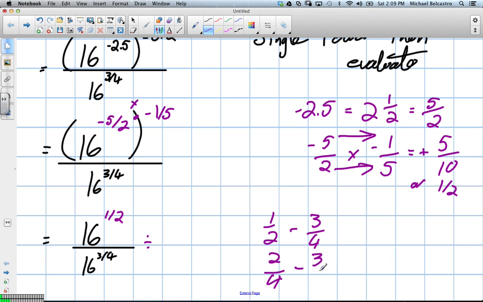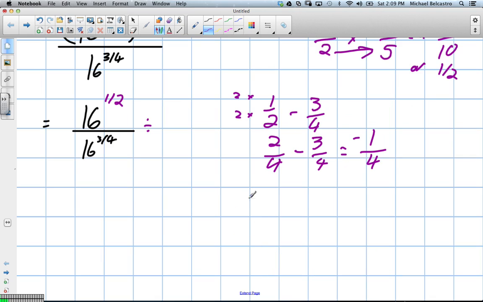Exactly. All we did was multiply the top and the bottom by 2. Good. So when we do that, our answer is automatically going to be over what number? 4. Yeah. And 2 subtract 3 will give us? Negative 1. Great. So we have negative a quarter. So we have 16 to the power of negative 1/4.